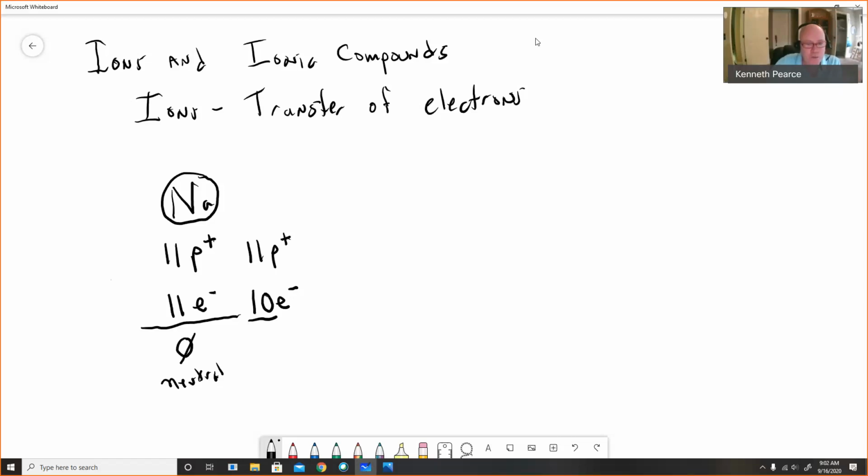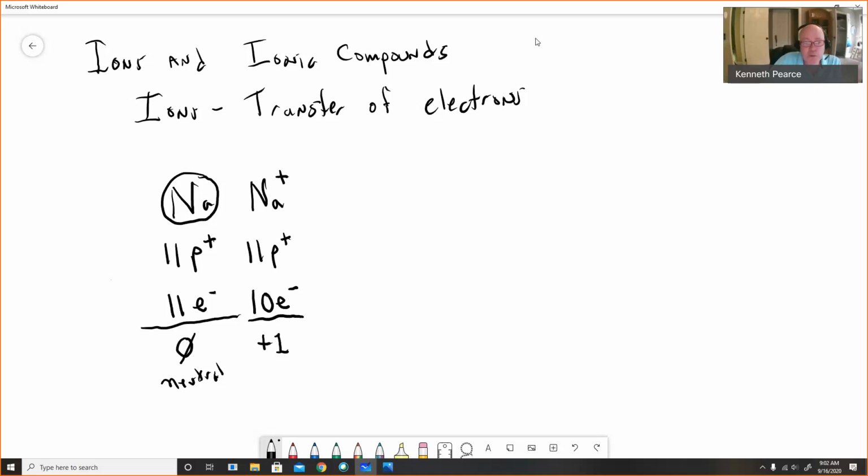And so now if we say 11 minus 10, we get a positive 1 charge. And we say that that sodium now has a plus 1 charge. Now, we usually don't put a 1 up there. We just put the plus. And other atoms are going to have other charges, so maybe it's plus 2, plus 3, plus whatever. But sodium likes to have a plus 1 charge.